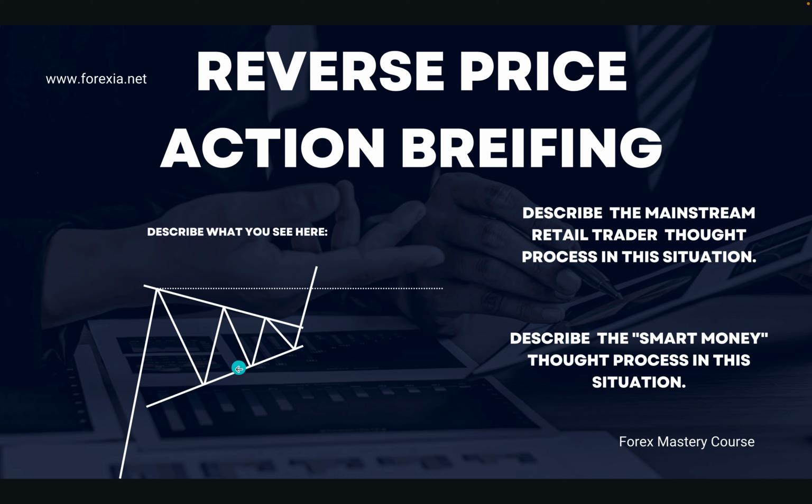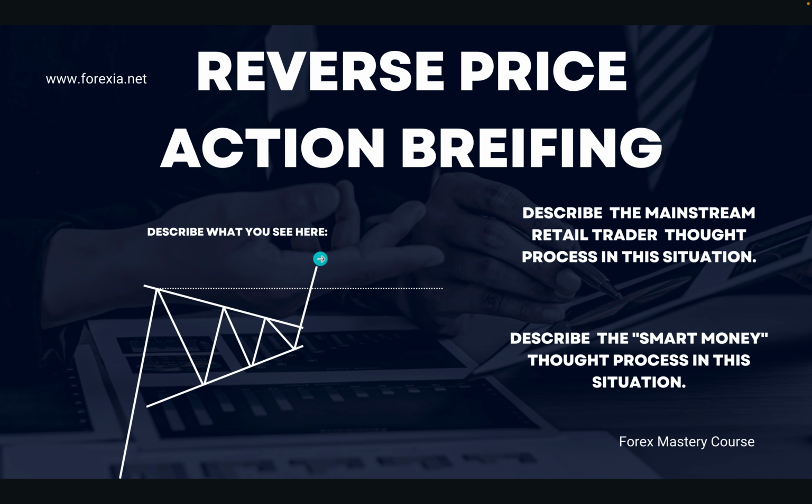So here we can see we have a breakout to the high. So what will a lot of the mainstream retail traders be doing? They'll be buying once the breakout breaks past this previous high, because, well, what would this be? This would be a high, we have a low, we have a lower high, and then we would have a higher high after this breakout.